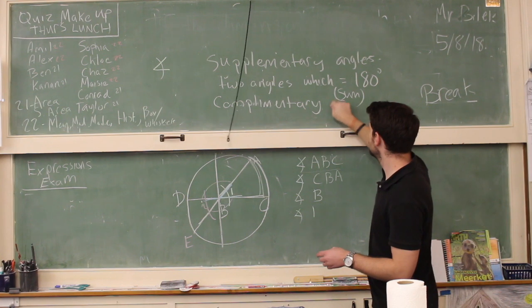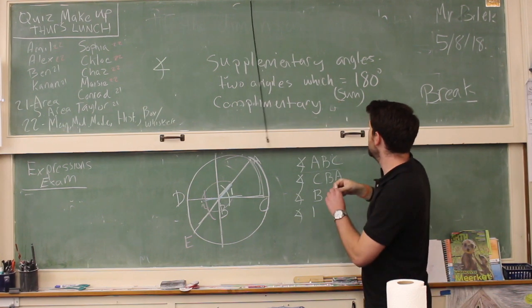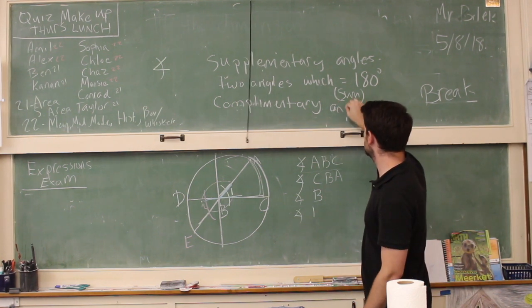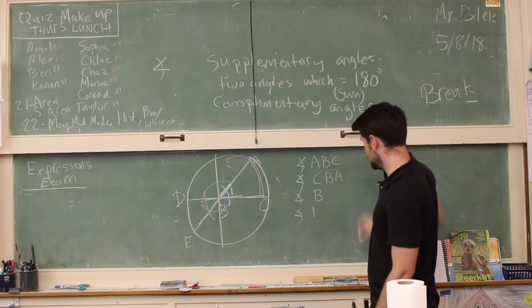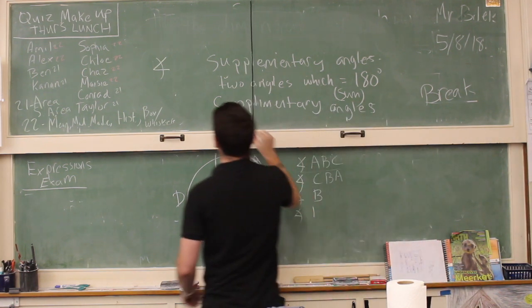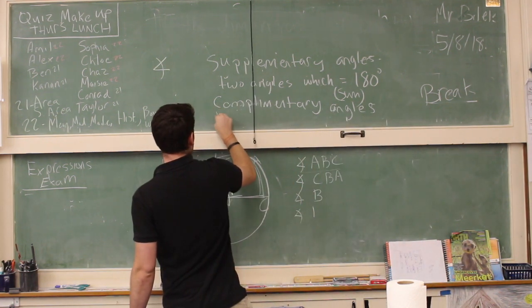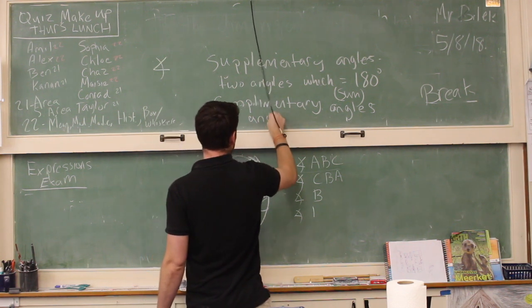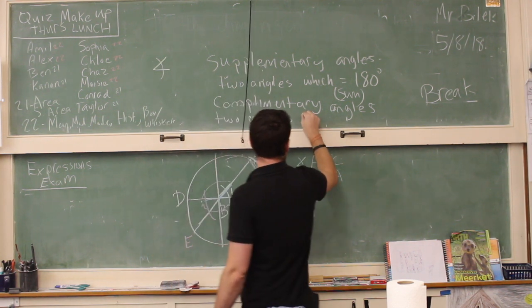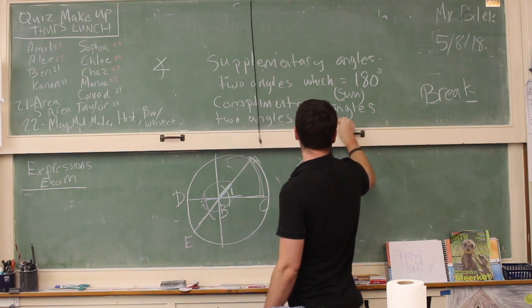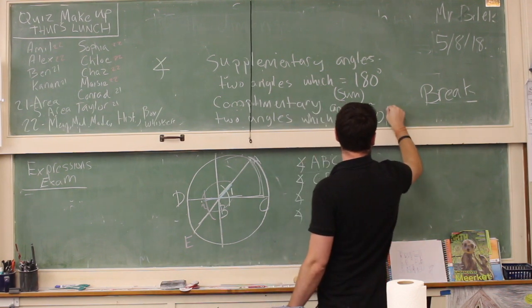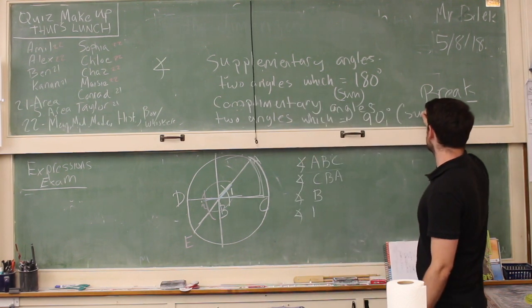Complementary angles are two angles which equal 90 degrees if you add their sum.